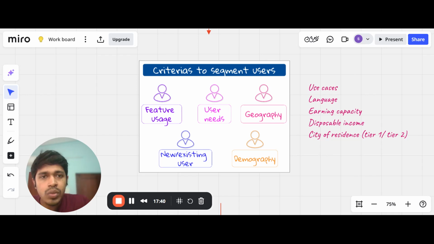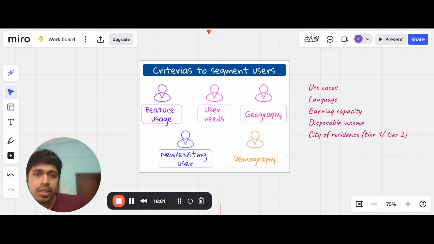Now, how to segment users? I just mentioned we can use some criteria to segment users. One criteria I used was the frequency of travel. Another was spending capacity, right? Just like that, we can have so many other criteria to segment users.